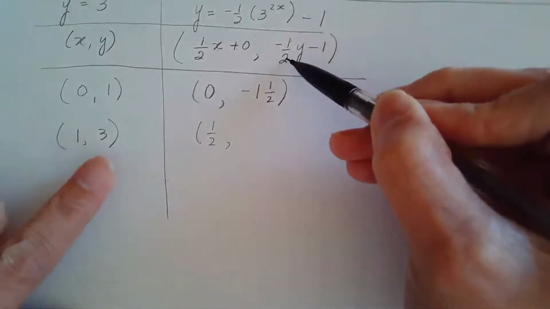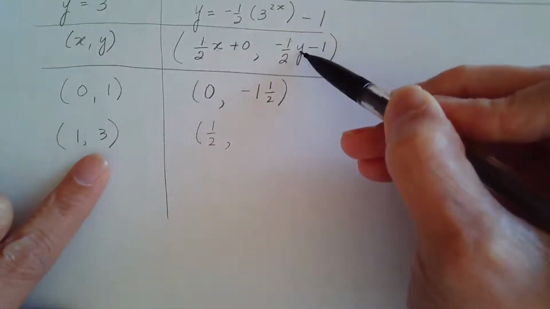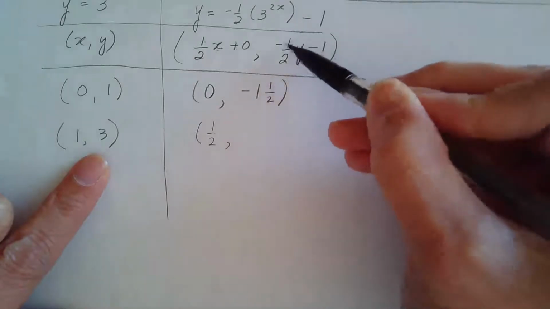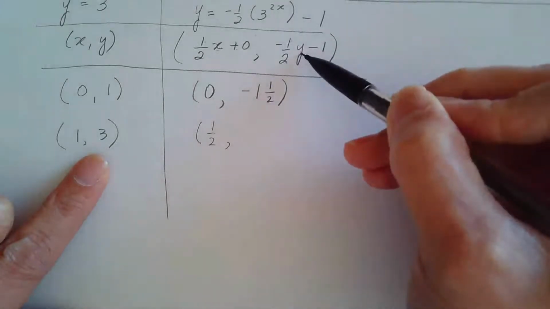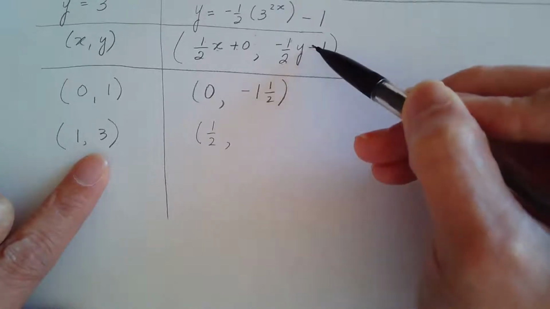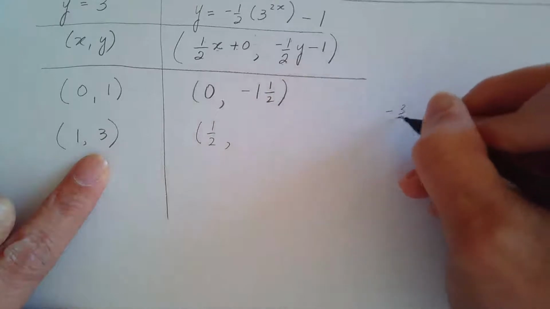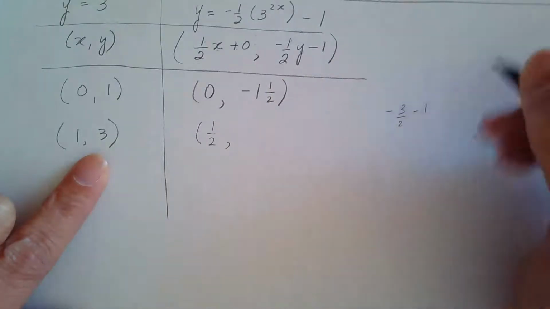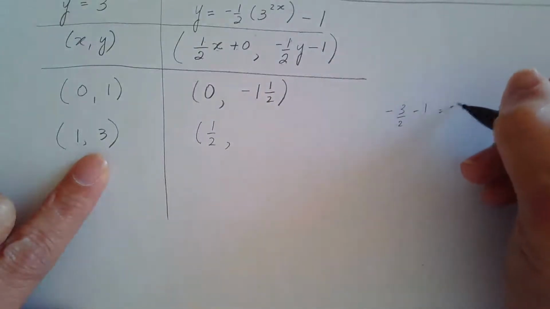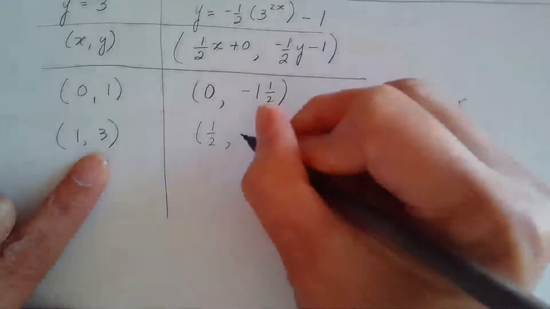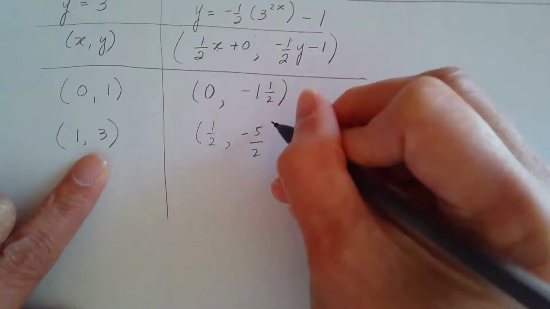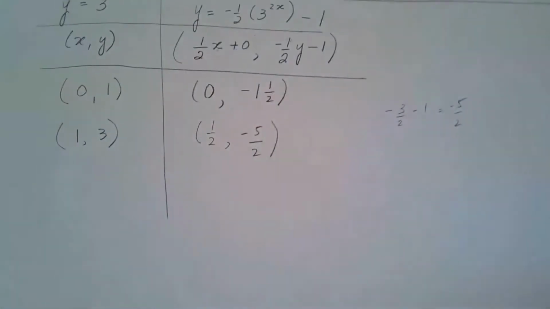And for y, y is 3, so negative 1/2 times 3 is negative 3/2, minus 1, so it's going to be negative 5/2.